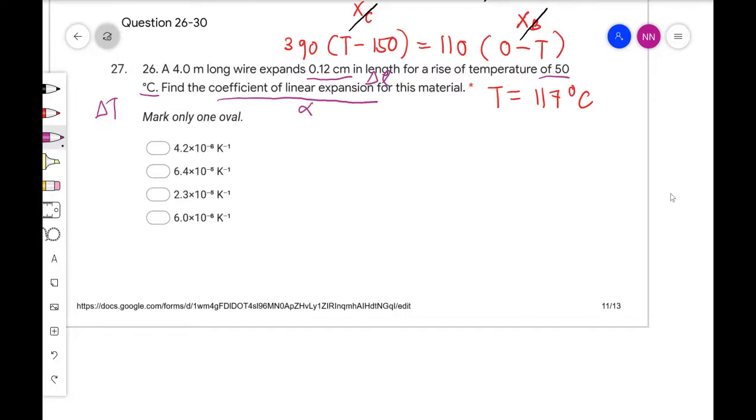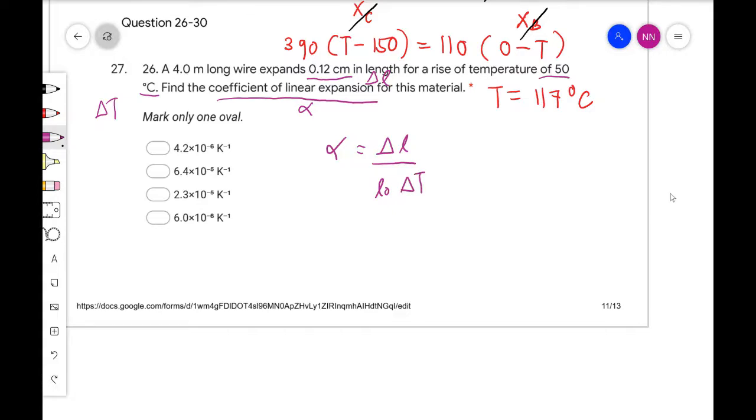You can use the formula: alpha, the coefficient of linear expansion, equals the change of length over the original length times the change of temperature.